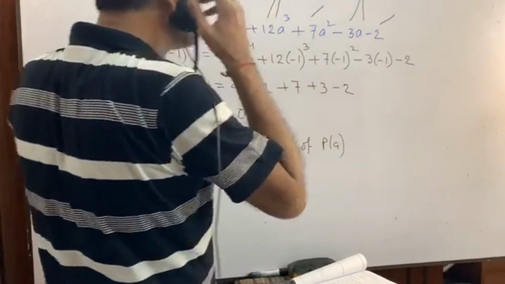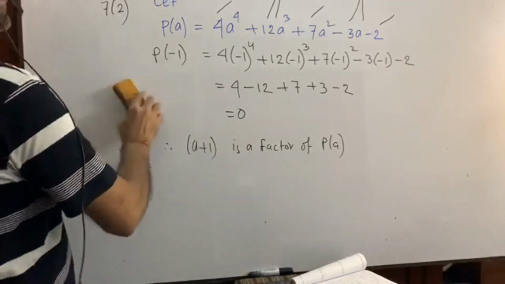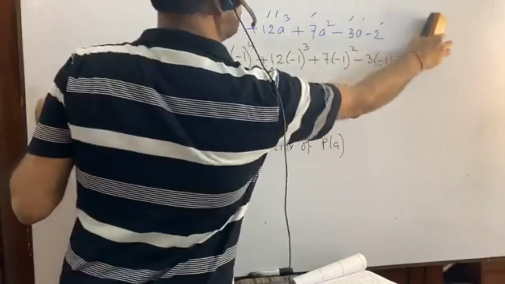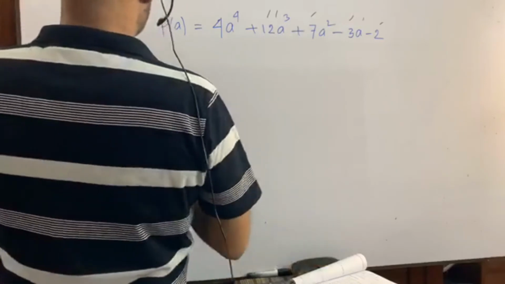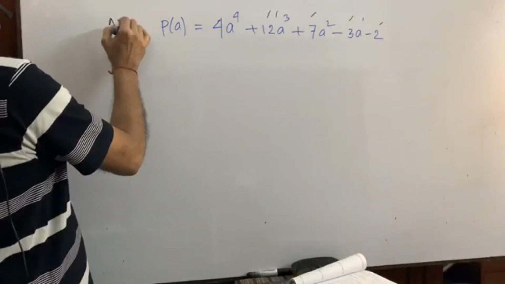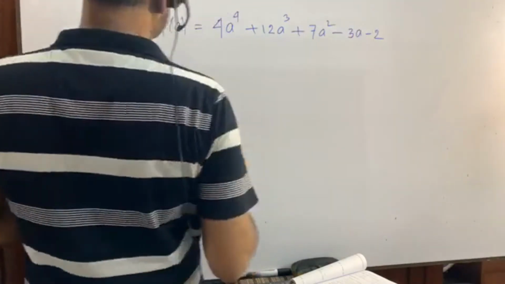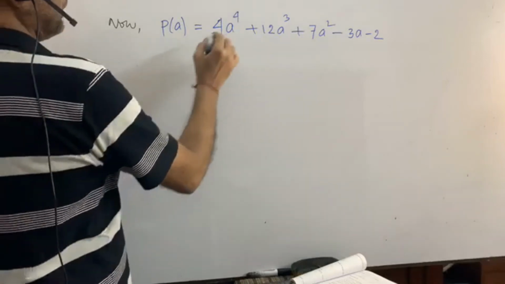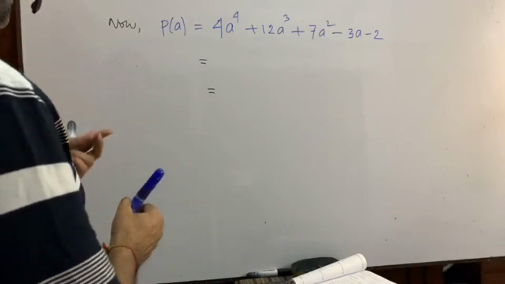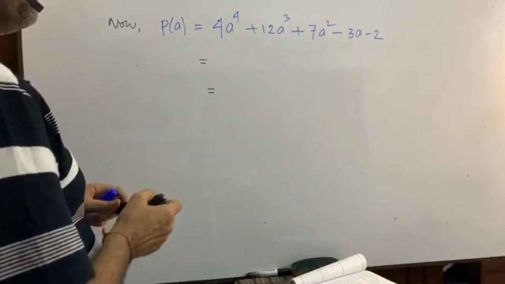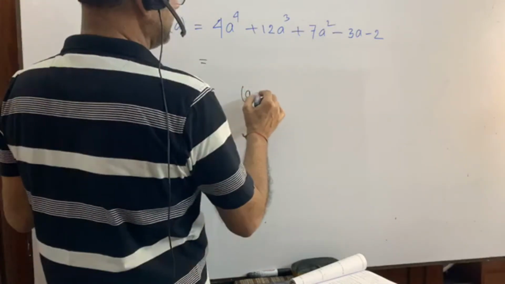Now write down P of A. What is the power here? Here the power is 4. So A plus 1 is a factor of P of A, right? So I have to write A plus 1 4 times, as the degree is 4.